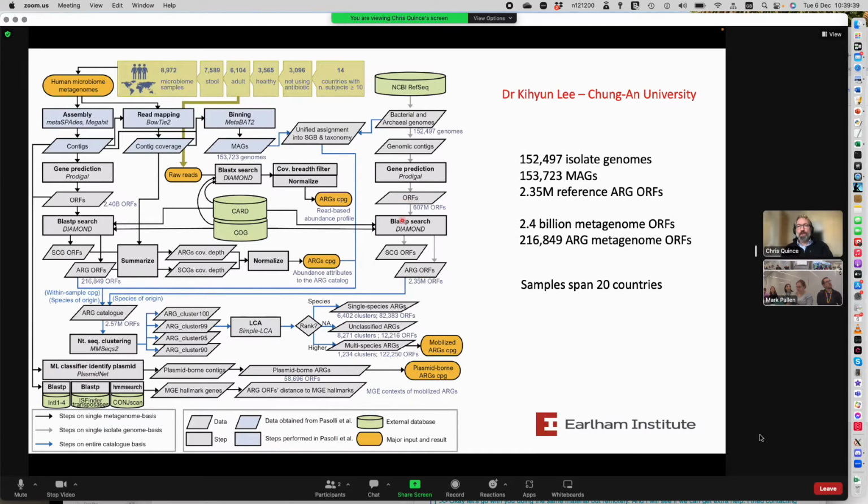Once we've got ORFs, we could predict ARGs using the CARD database, which is a standard database of antimicrobial resistance genes. And we did that for both the MAGs and the reference genomes. So now we've got this huge collection of antimicrobial resistance genes.